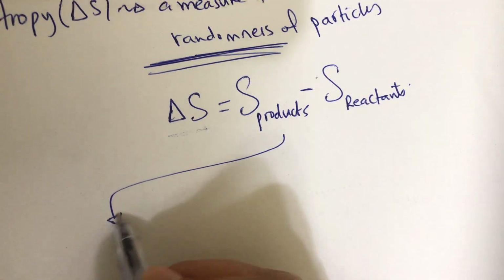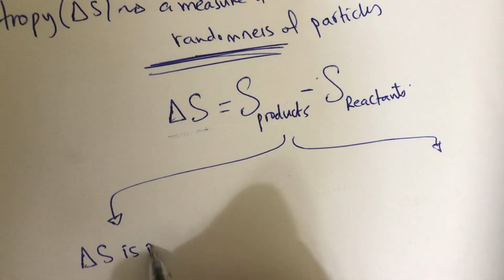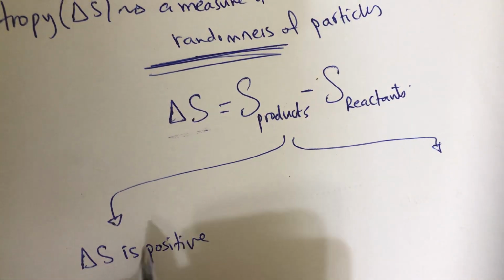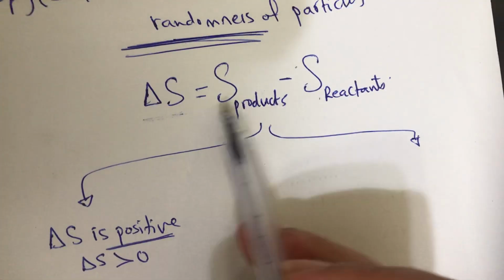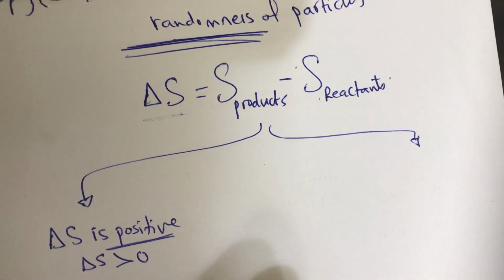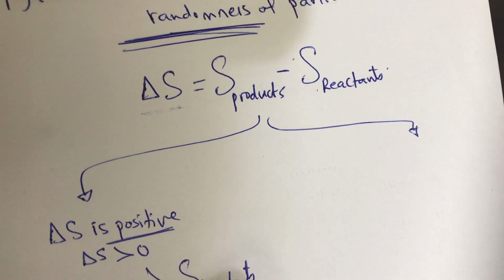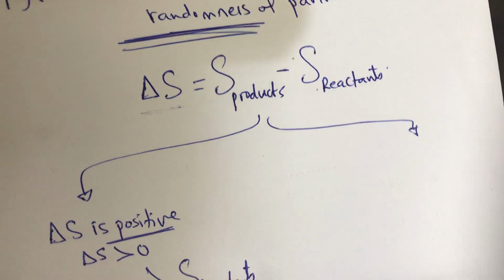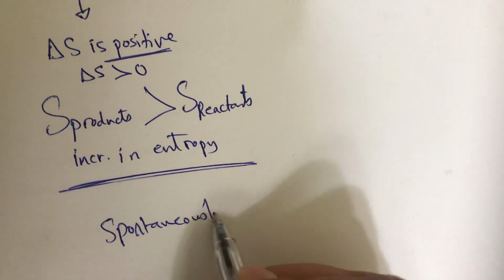So in which case is delta S positive? Delta S greater than 0 when the entropy of products is greater than the entropy of reactants. So here, an increase in entropy, and this is for spontaneous reactions.